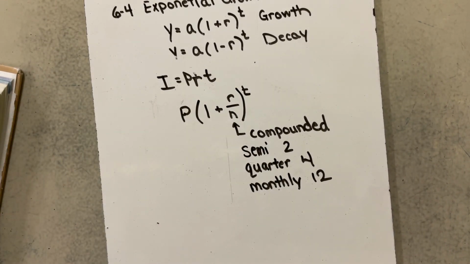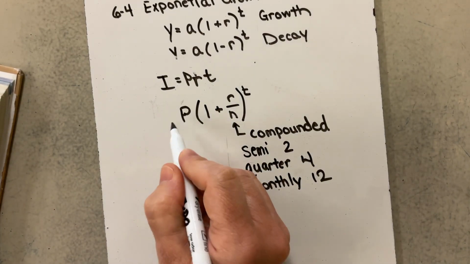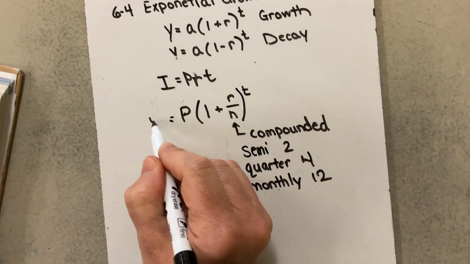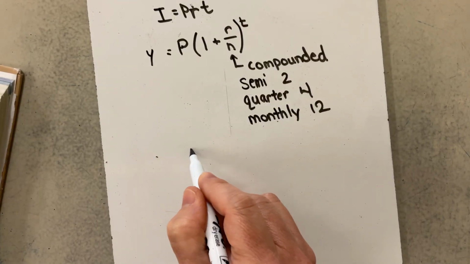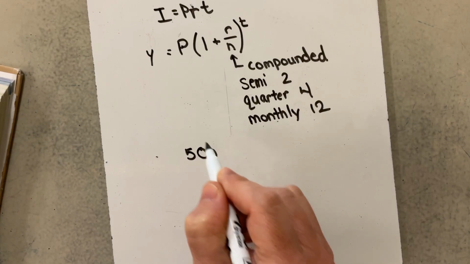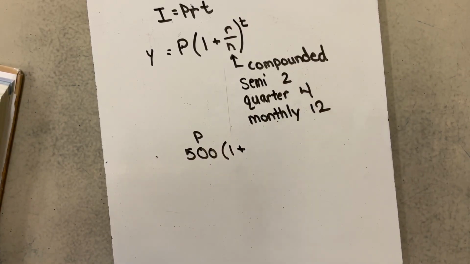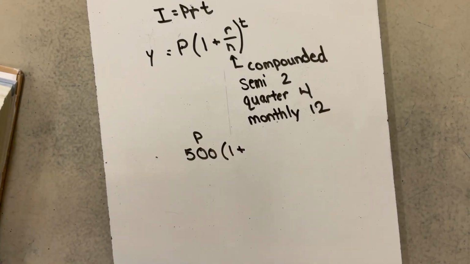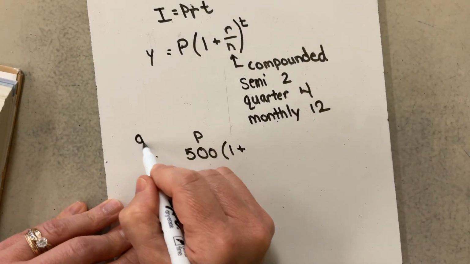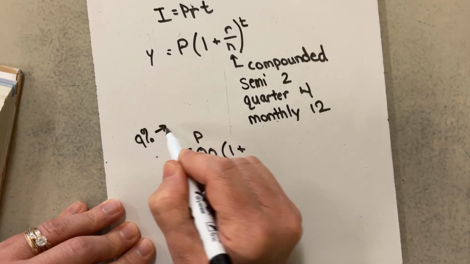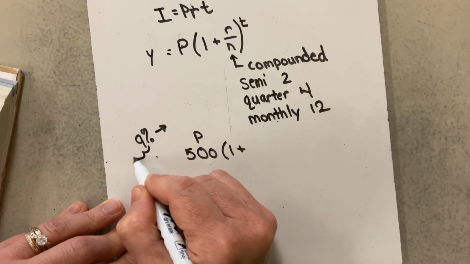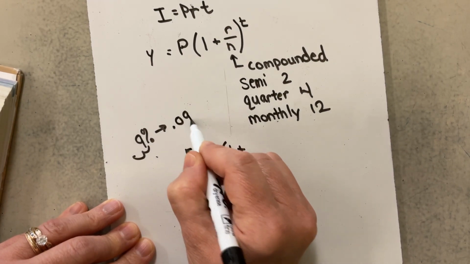Okay, so what if we have $500? Okay, so we're going to invest $500. That's our principal. Okay, 1 plus, it is 9%. So 9% is going to become, we move it 2 times, 0.09.